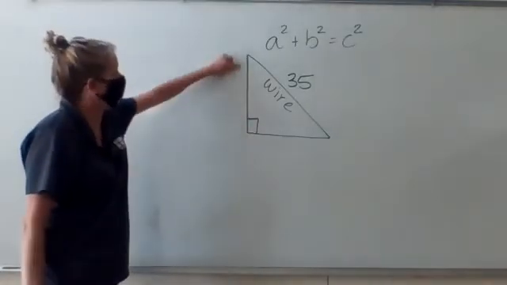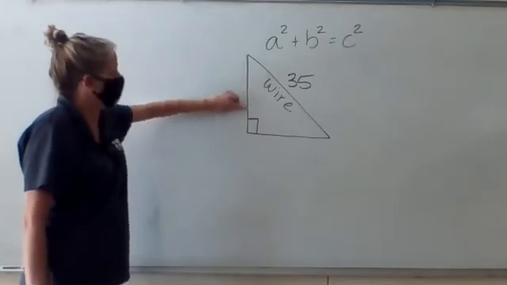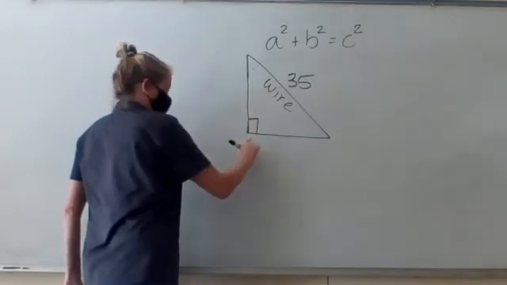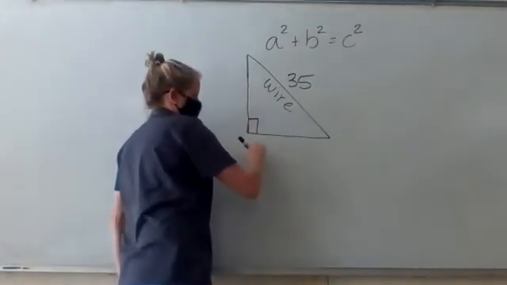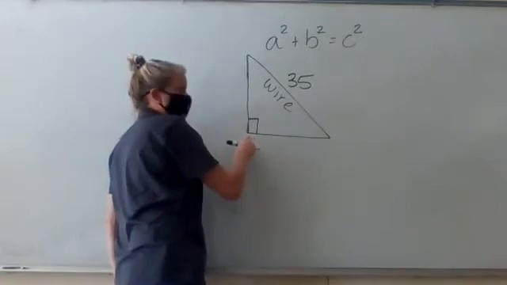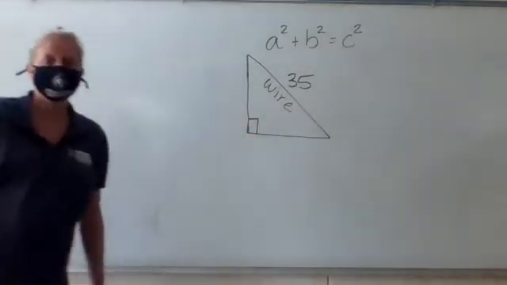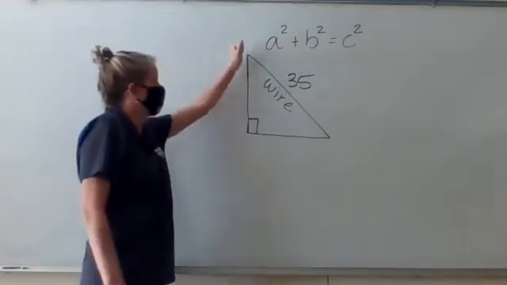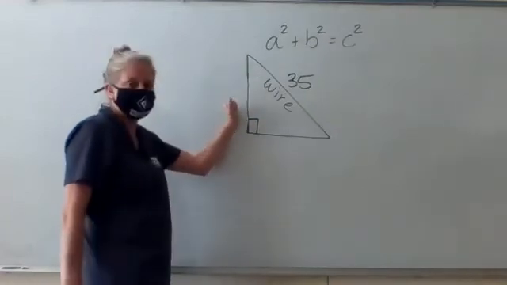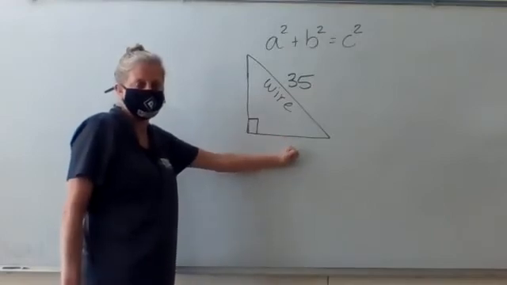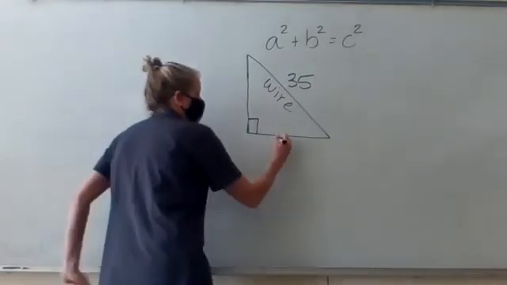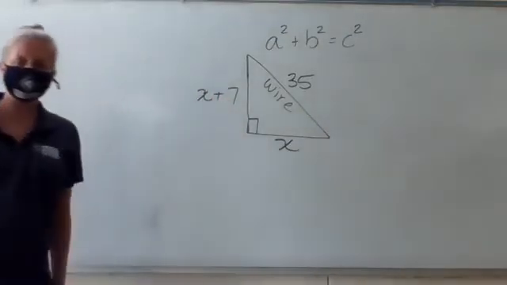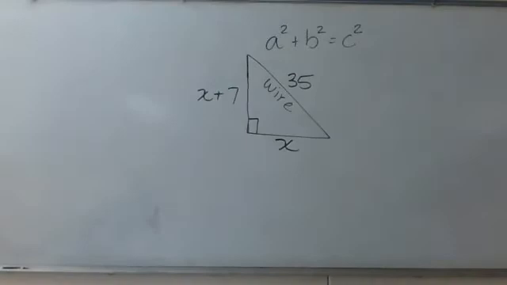So this height is 7 feet more than this distance right here, the distance from the base of the antenna tower to the base of the wire. So what I don't know is what either one of those are. I just know that this side is 7 feet more than this side, which means I can call this side X, and then this side would be 7 feet more than X, which is X plus 7.